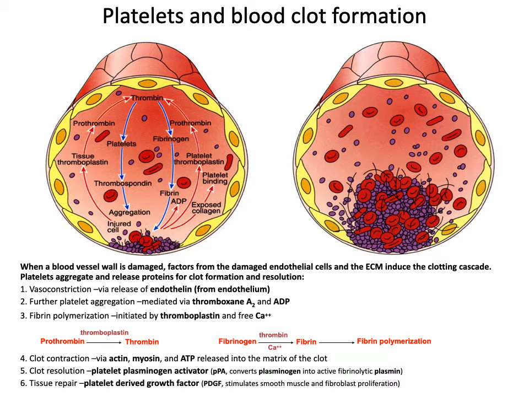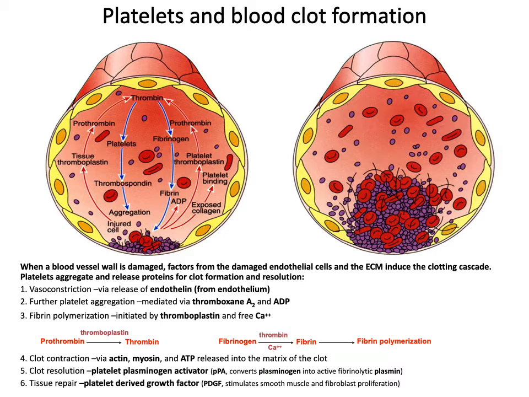Now, what is important to realize is that the endothelium and the subendothelium have contrasting properties. The endothelium secretes substances that are anticoagulant.